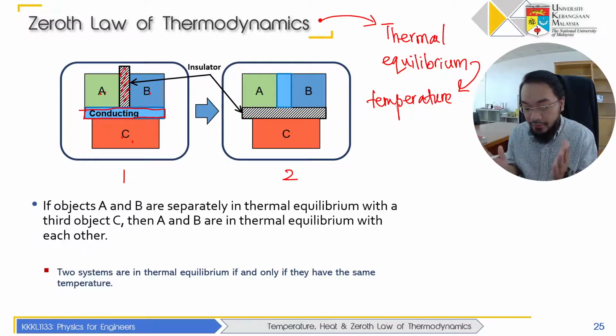It means that even though A and B are not in physical contact, and no heat transfer can occur between A and B, if we know that A and C are in thermal equilibrium and B and C are in thermal equilibrium, that means both A and B are in thermal equilibrium with the same third object, which is C. That means we can conclude A and B must be in thermal equilibrium as well. Why? Because they are both in thermal equilibrium with the same third object.